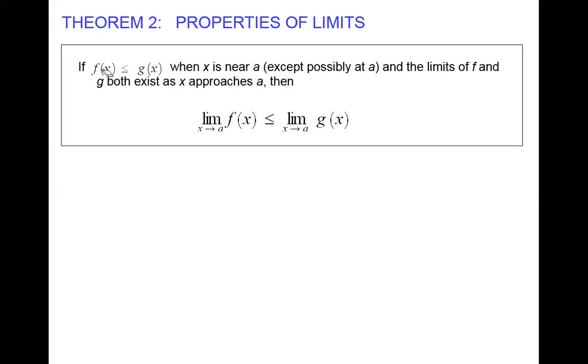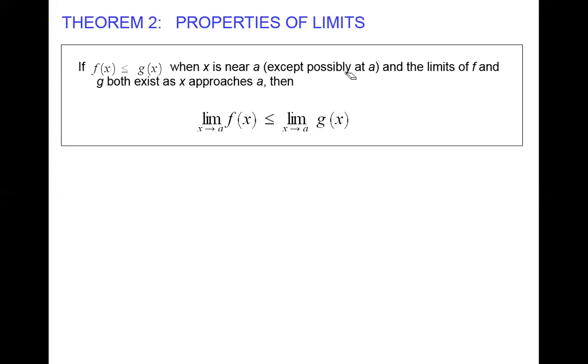If function f of x is less than or equal to g of x when x is near a, except possibly at a, of course, because we're not looking at a, we're looking near a, and the limits of f and g both exist as x approaches a, then if the functions have this relation, the limits also have the same relation. The limit of f of x will be less than or equal to the limit of g of x at a.